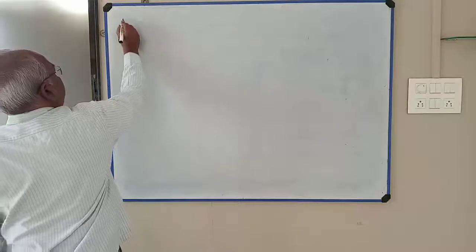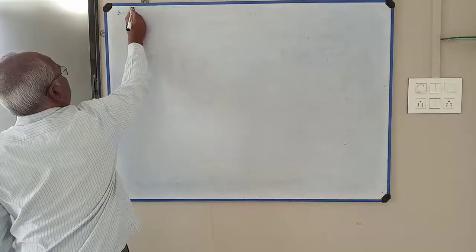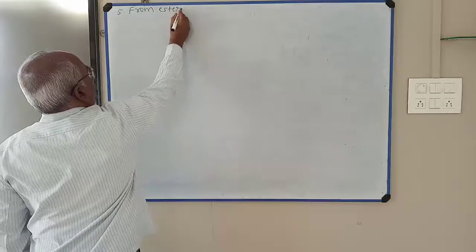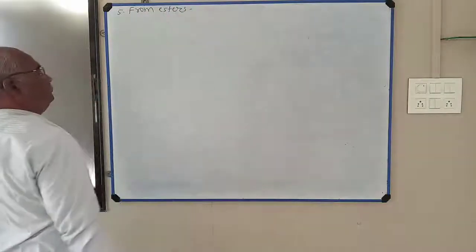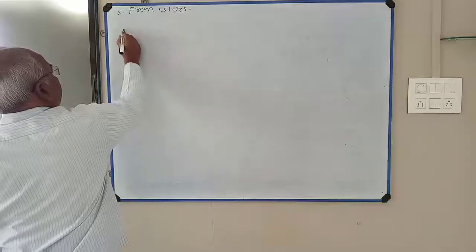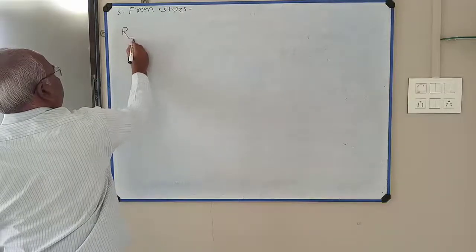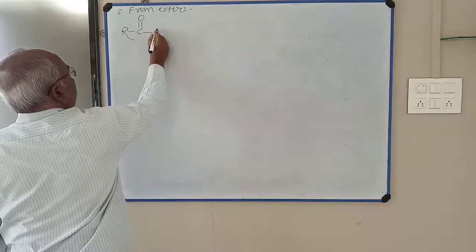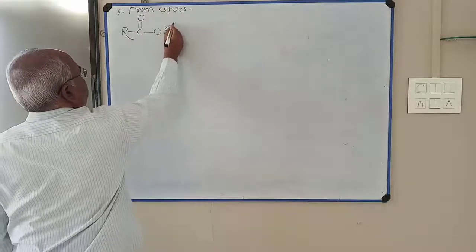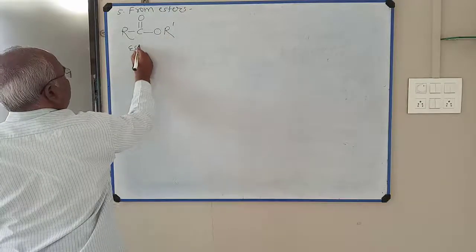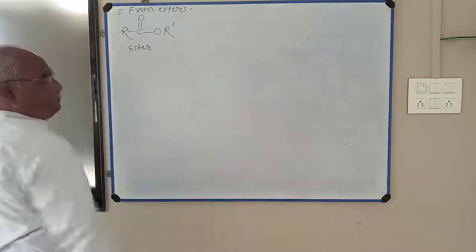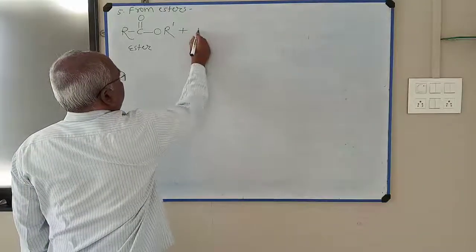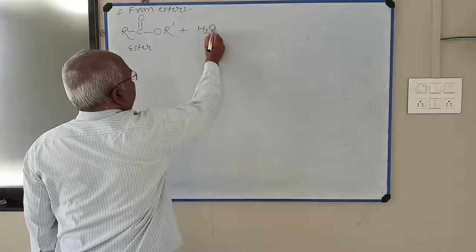I write the fifth method from esters. I write the general formula of ester: R, single bond C, double bond O, O, R dash. This compound is ester. Ester is hydrolyzed, plus H2O.